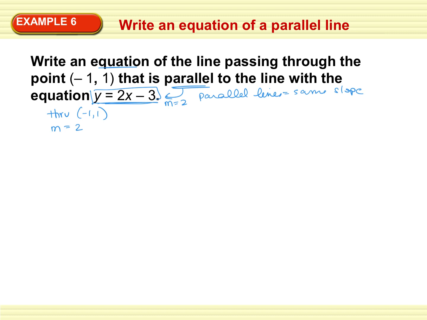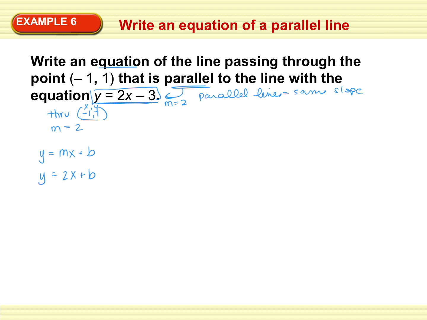The only equation that you've really covered right now is y equals mx plus b. And the problem is that if I have an m of 2, I need a b and I don't have it, because all I have is this point, and this point is an xy combination. It's not b, it's not a y-intercept.